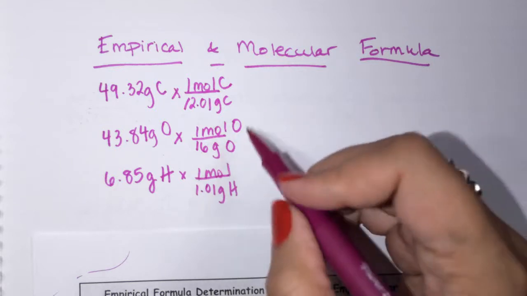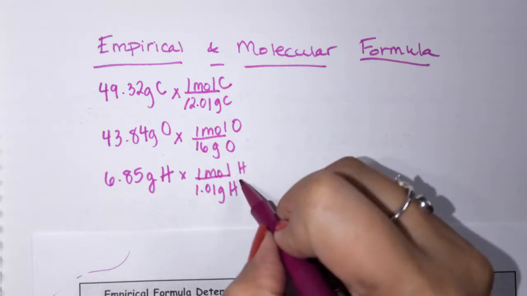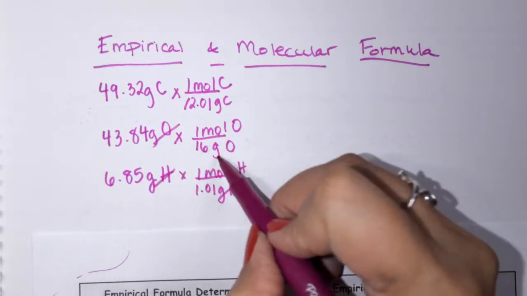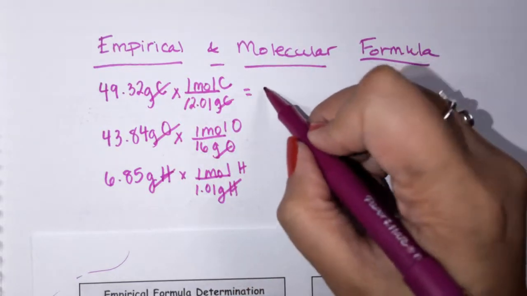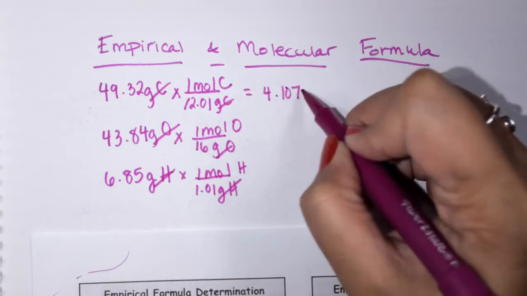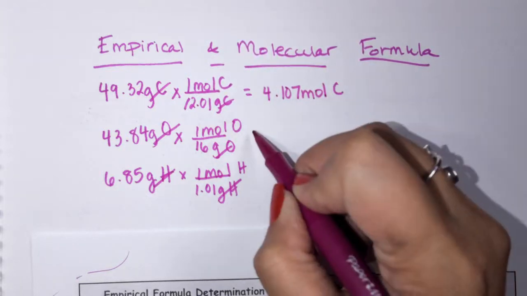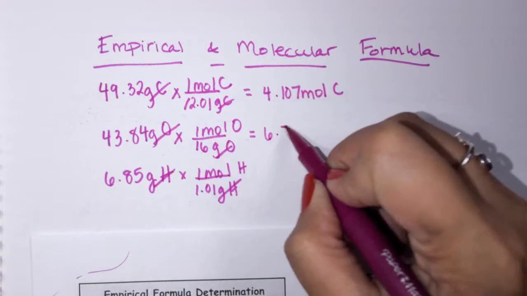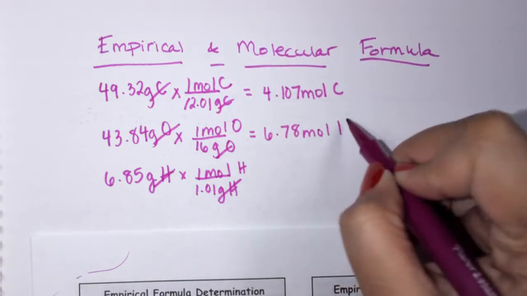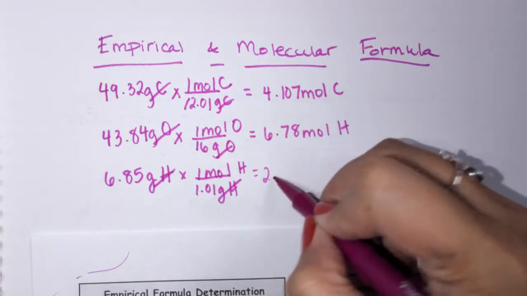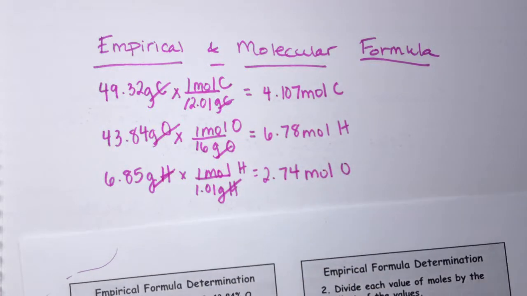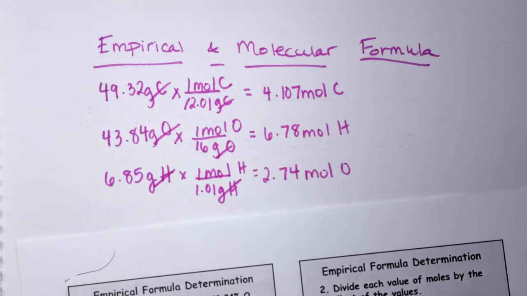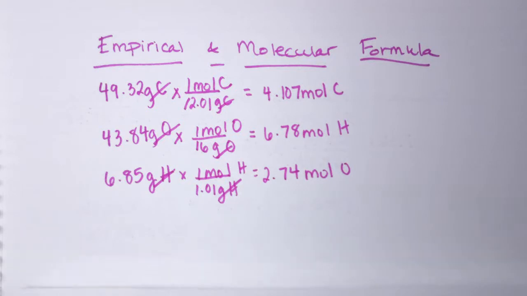And so we're converting all of them to moles. Grams are going to cancel out for all of these. And so then we plug it in our calculator. We get 4.107 moles for carbon, 6.78 moles for hydrogen, and 2.74 moles for oxygen. Do not majorly round until the end. I usually say about 2 to 3 decimal places will keep you from any major rounding issues.